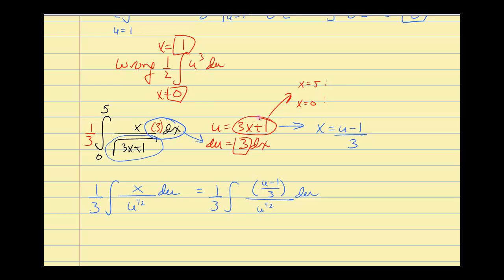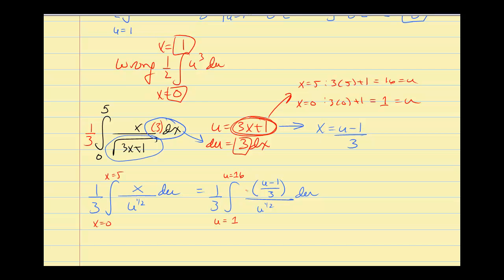I plug 5 into 3x plus 1, and I get 3 times 5 plus 1. I plug 0 into 3x plus 1, and I get 3 times 0 plus 1. So here I get 16, here I get 1, and these are my new values of u. So my limits of integration have changed. Right here they were x equals 0 to x equals 5, and now they're u equals 1, u equals 16.